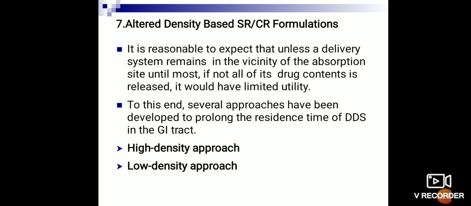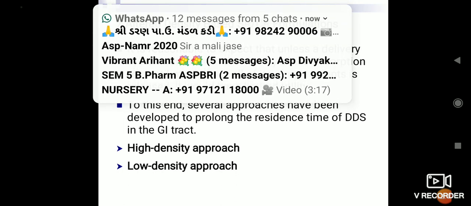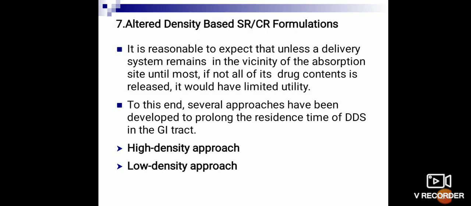To this end, several approaches have been developed to prolong the residence time of the drug delivery system in the GIT: the high density approach and the low density approach. Here we alter the density, and because of this we increase the residence time, so the drug remains longer at the absorption area, and that's why absorption is increased.